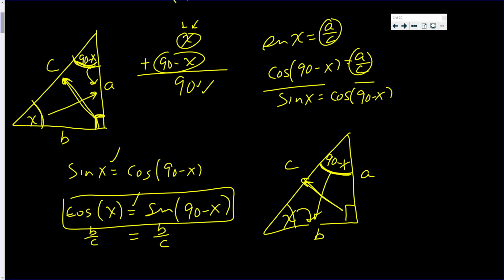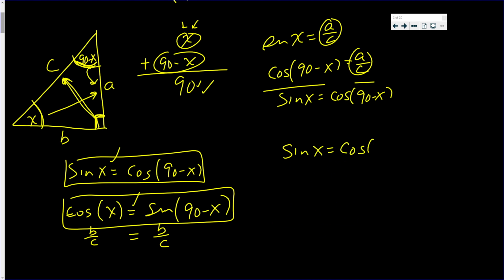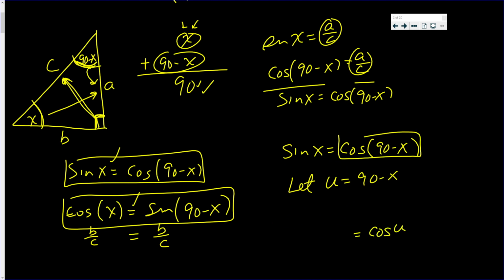Now, there's another way of proving that one without triangles, so long as you know the first one. We know that the sine of x is the cosine of 90 minus x. Well, suppose I say let u equal 90 minus x. So this piece would therefore be the cosine of u.